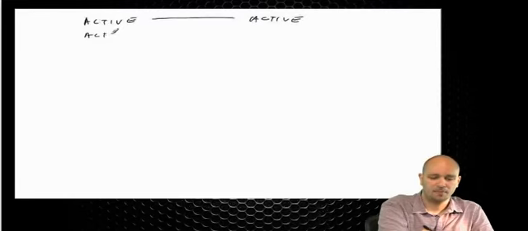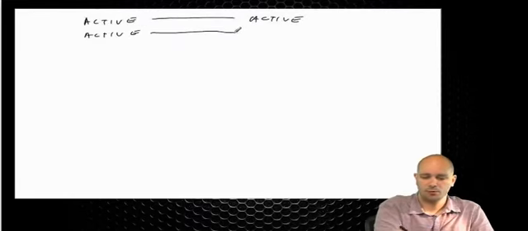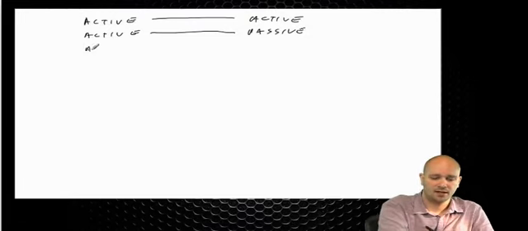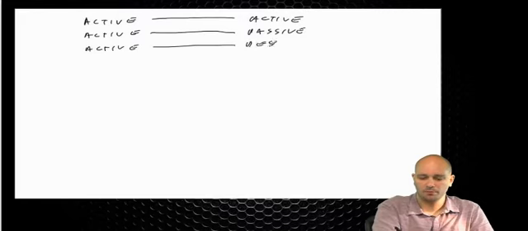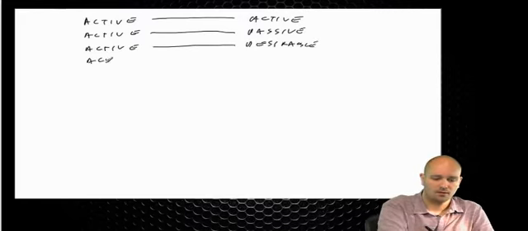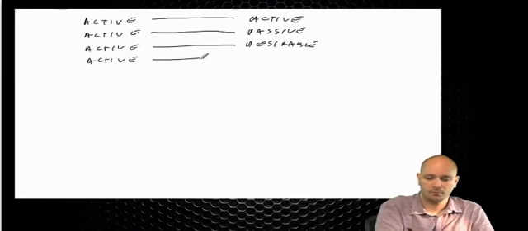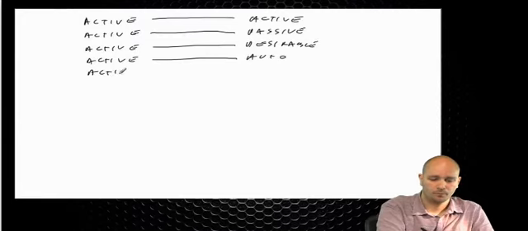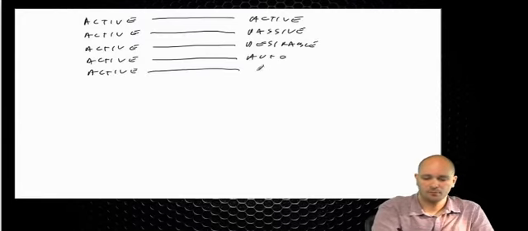Then I can have active on one side and passive on the other side. I can have active, desirable, active, auto, active, on. Let's see what's next.